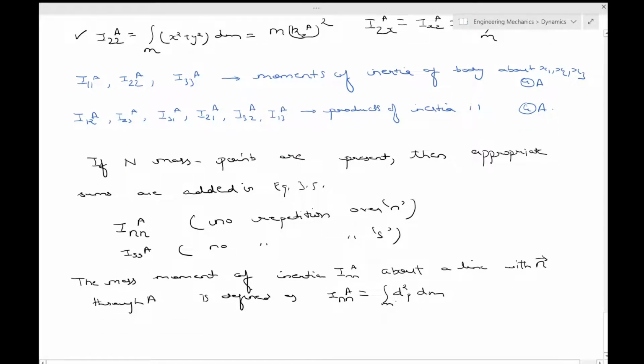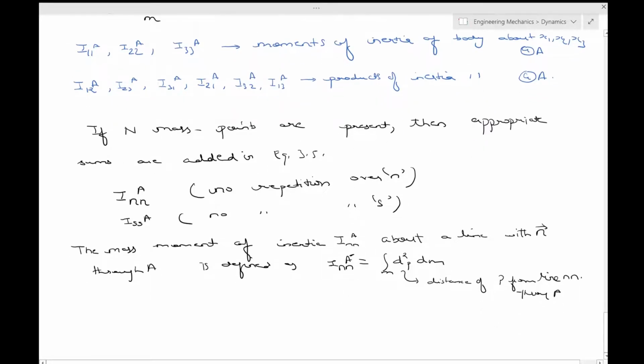Okay, where this dp is the distance of p from line NN through A. Okay, so the A is always there.